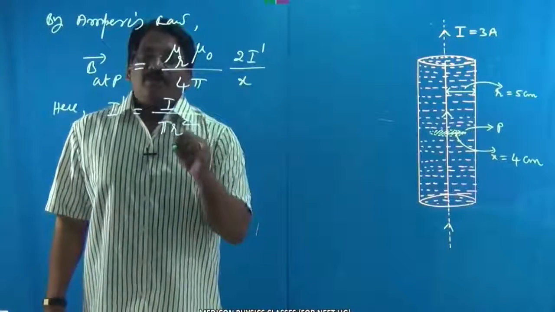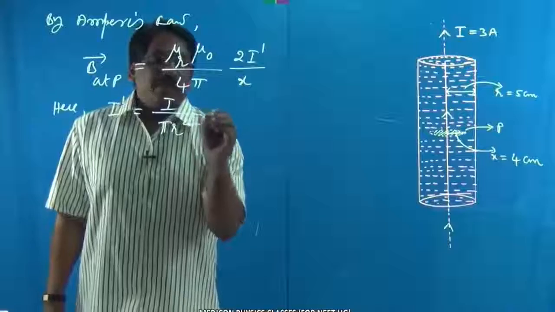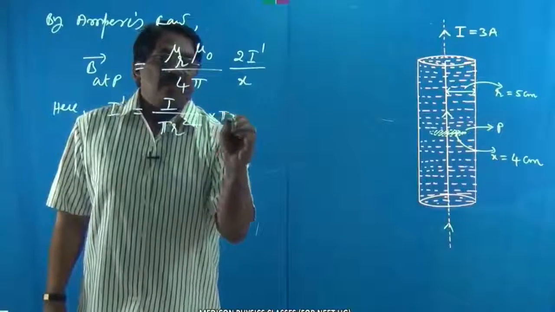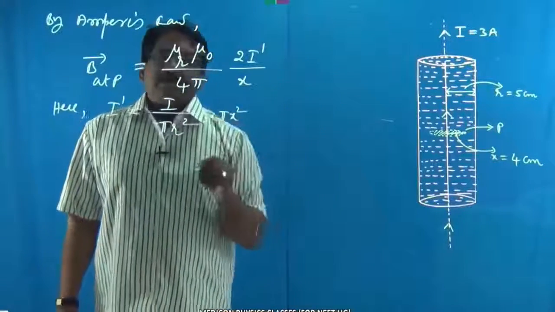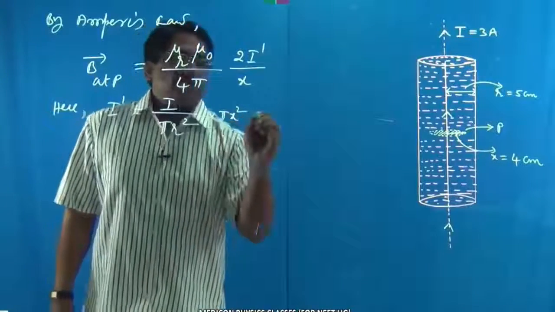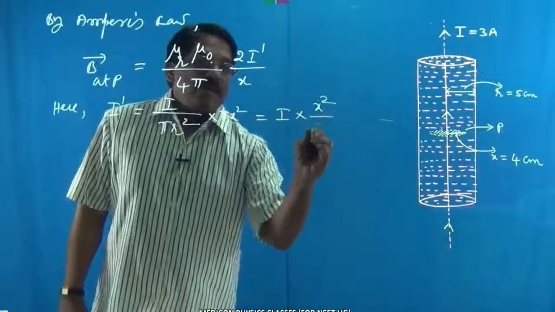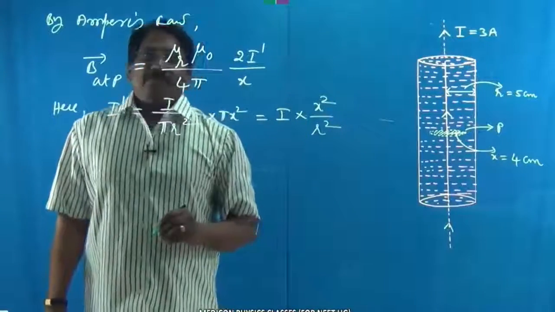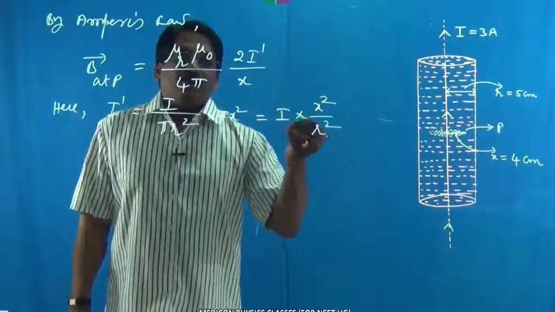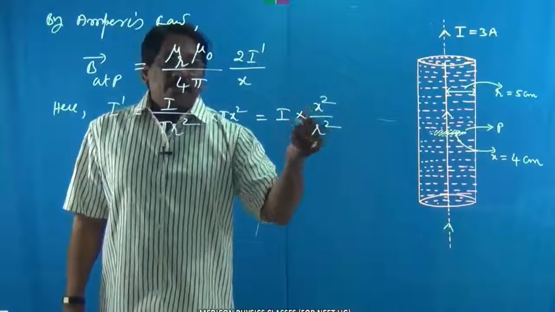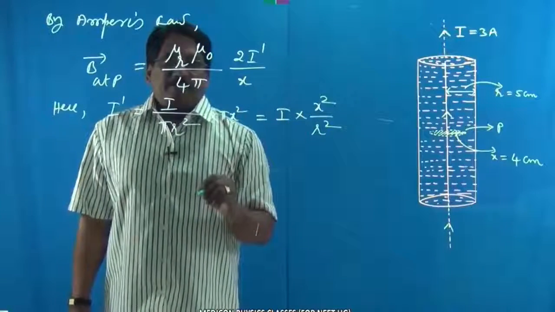So per unit cross-sectional area, I by pi r square, into pi x square, in reference to our cross-sectional area which is pi x square. So this is equal to I into x square by r square. This is a very important, logical conclusion. We can directly make use of this expression.